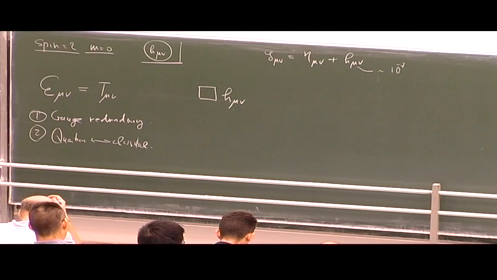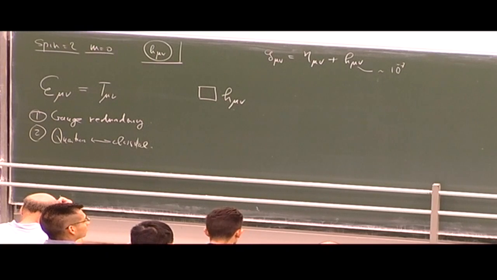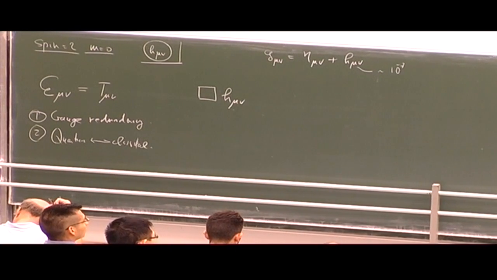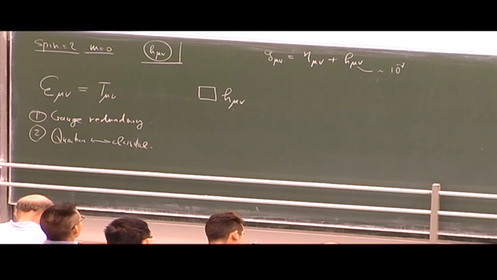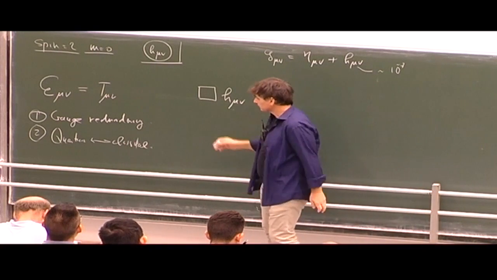Well, even spin 0, you can rewrite in a gauge redundant way. So a spin 0 particle, a pseudo-scalar, you can rewrite as an antisymmetric tensor, b mu nu, which is dual to that, and b mu nu is a gauge redundant theory. So even for spin 0, the story is that it also feels gauge redundancy in a certain sense.